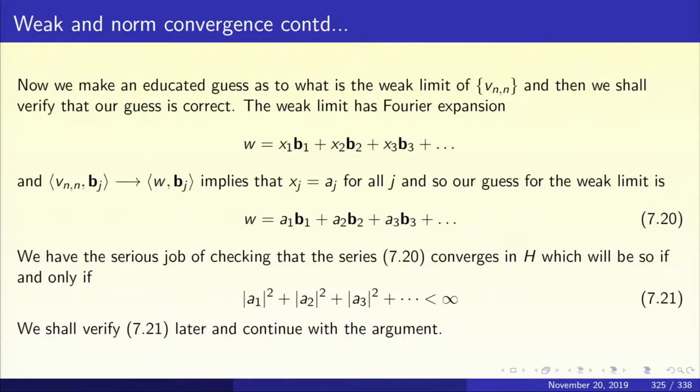That is, if and only if mod A1 squared plus mod A2 squared plus mod A3 squared plus dot dot dot is less than infinity. That is the condition for 7.20 to even make sense. So now let us verify that 7.21 holds. Let us postpone the verification of 7.21 and continue with the argument. Let us assume that the series converges and let's get on.